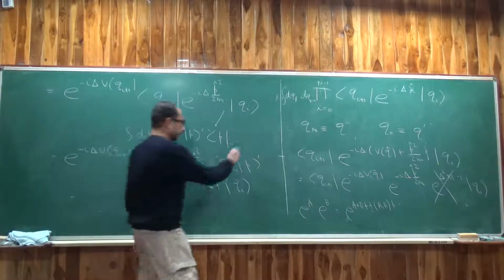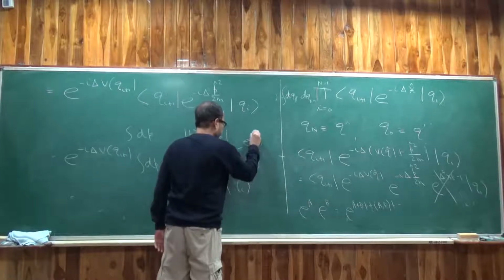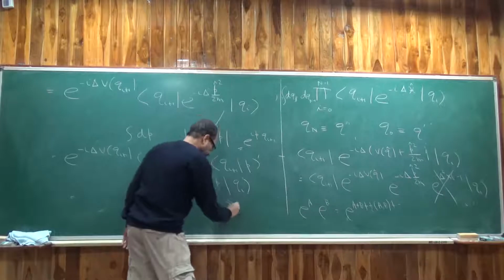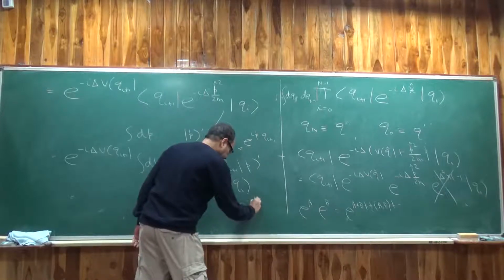This one is e to the power i p q i plus 1, and this one is e to the power minus i p q i.